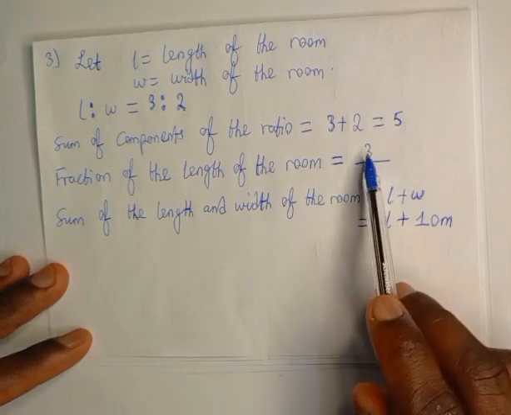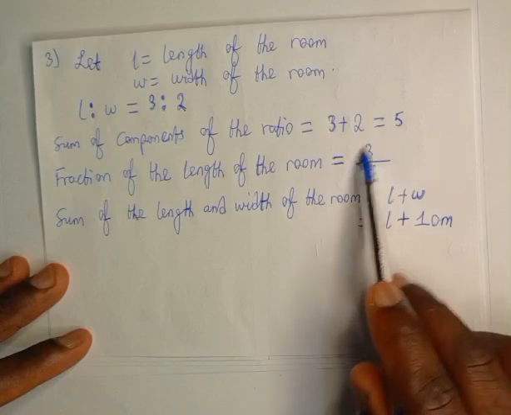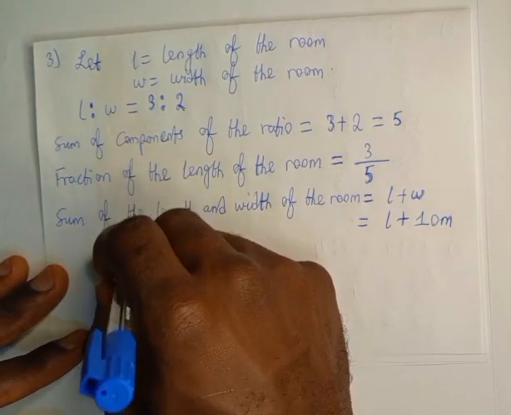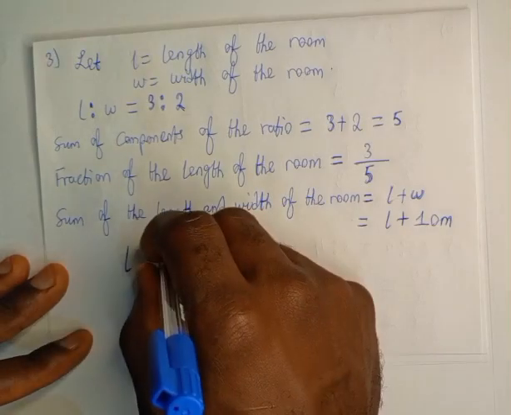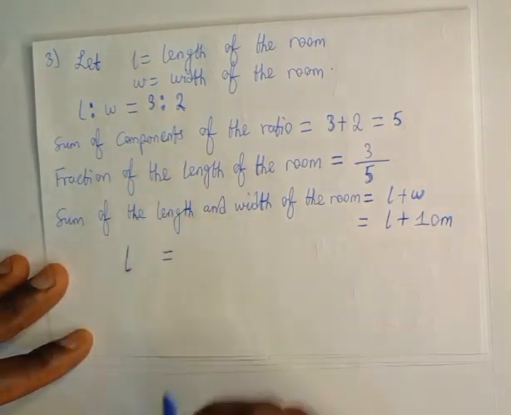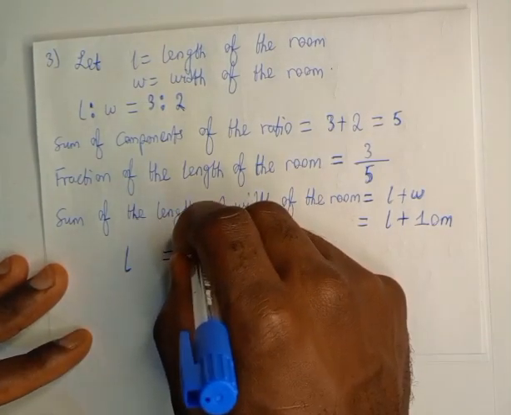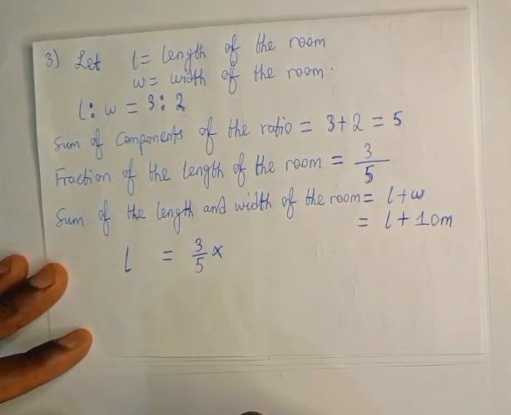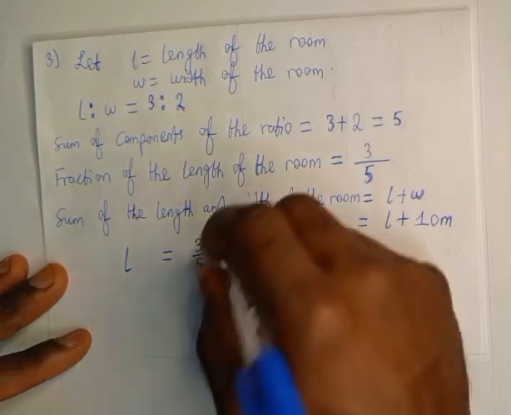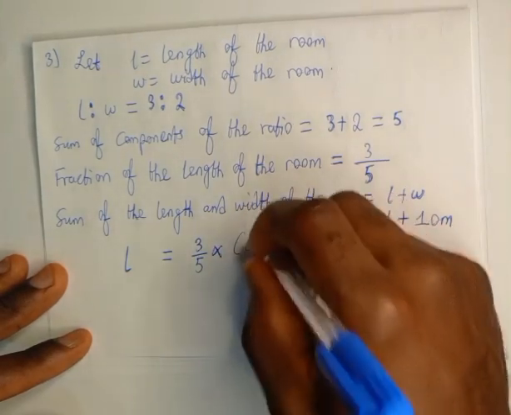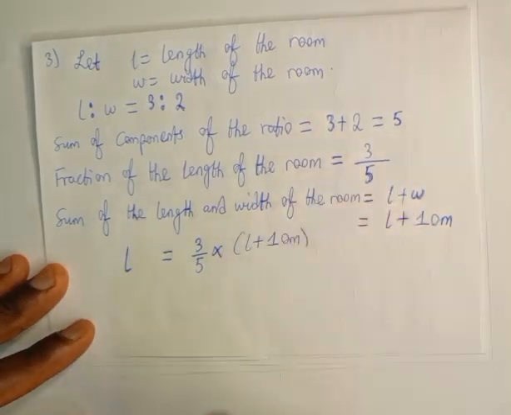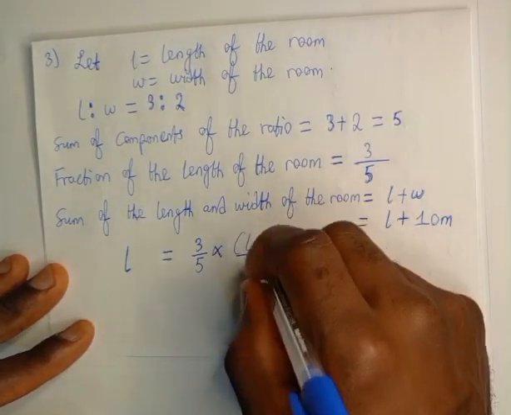By making use of the fraction of the length of the room, it simply means the length of the room L is equal to the fraction of the length of the room, 3/5, times the sum of the length and the width of the room, L plus 10 meters, all over 1.